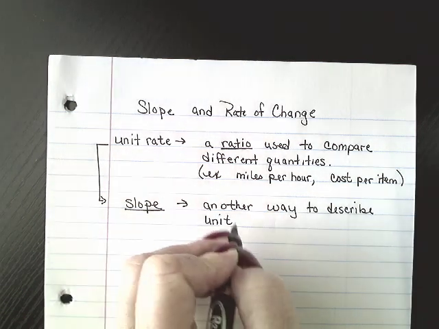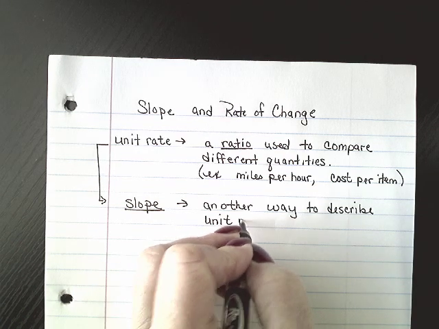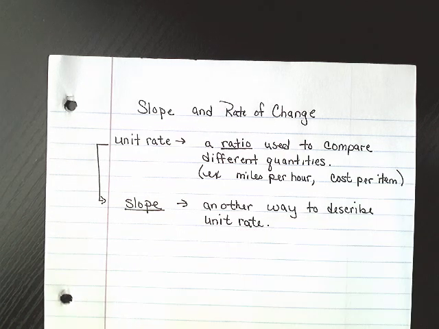And we're going to be able to calculate the slope from a graph, from a table, from an equation. Today we're just going to work on identifying slope on a graph. Okay, so what is slope?